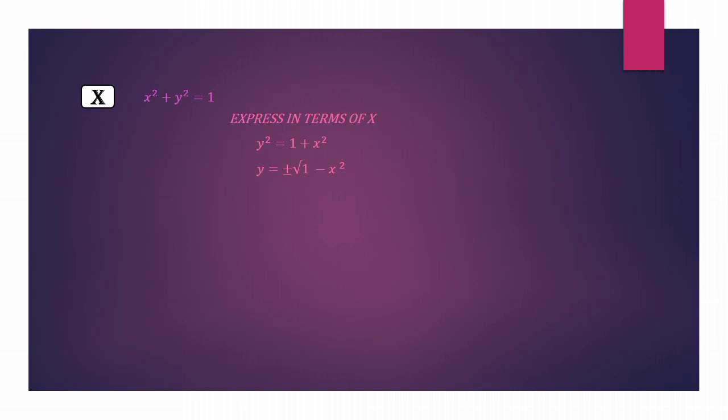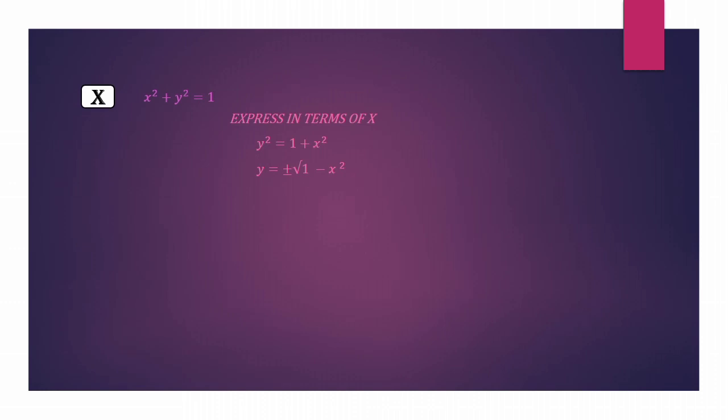Y squared will be left here, and the equation becomes 1 minus x squared. Then extract the square root. So y is equal to positive negative square root of 1 minus x squared.